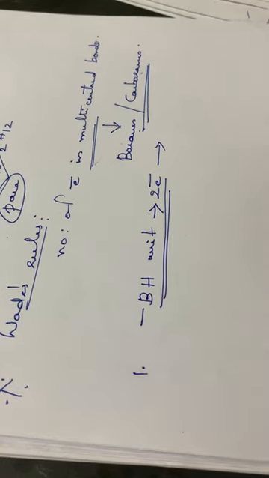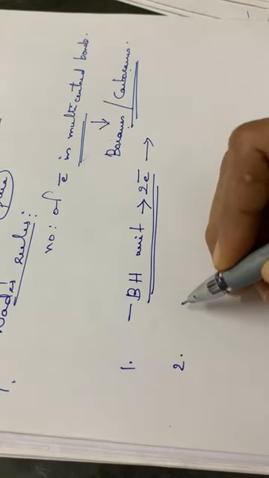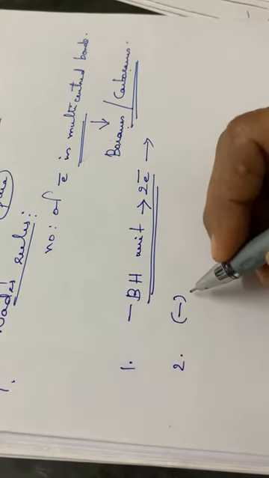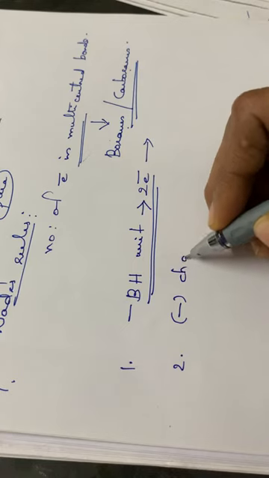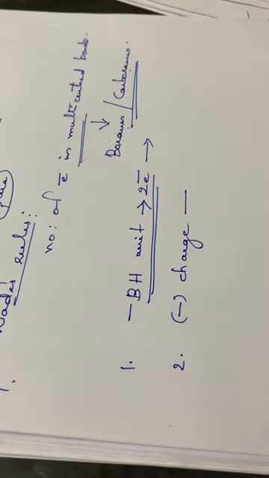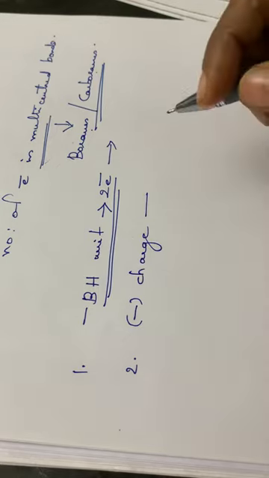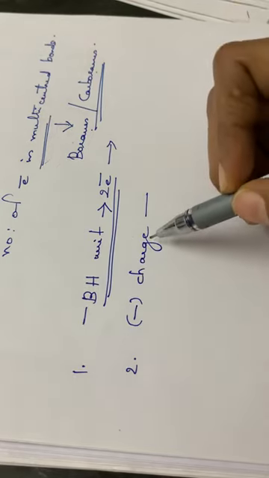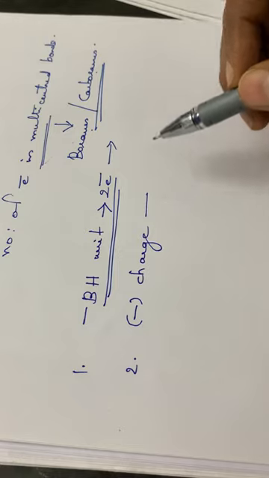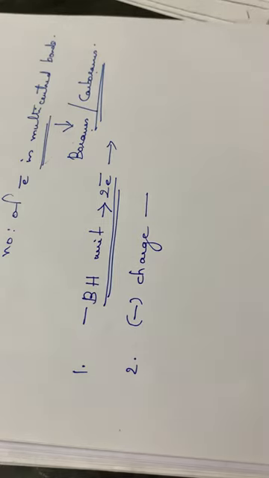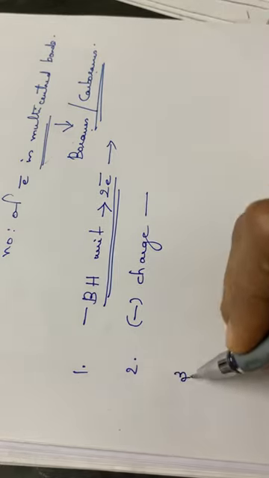Then the second point is that the negative charge can also be counted in the case of skeletal bonding. So negative charge will be counted as 1 electron. So negative charge in a borane or a carborane is also used up in the skeletal bonding. That is the second point.